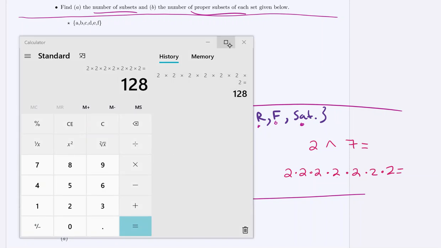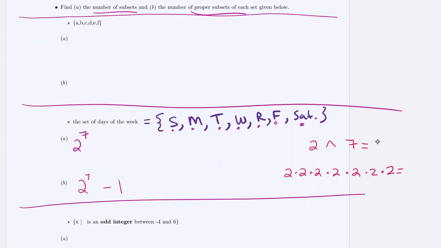So 2 to the 7th is 128, and the answer to part A is just 128. But for B, you've got to subtract 1 from that, so it'd be 127. You would do a similar thing for the first problem and the third problem. It just depends on the number of elements in your set. The formulas are the same for proper subsets and subsets.